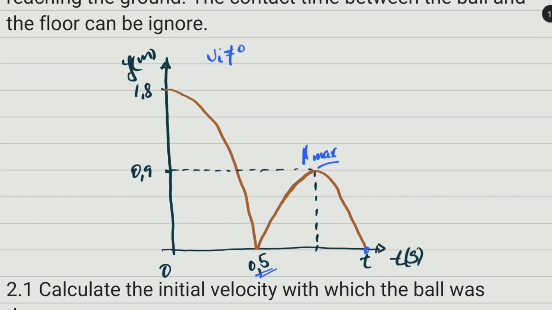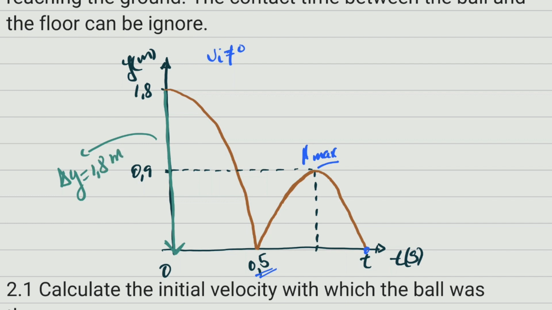Now, what data do we have? First of all, we have the initial position of the object, but we also have the displacement, and we spoke about that in the previous question. So when this ball is down at the bottom, before it bounces, this one here is the displacement, which is equal to 1.8 meters downward.